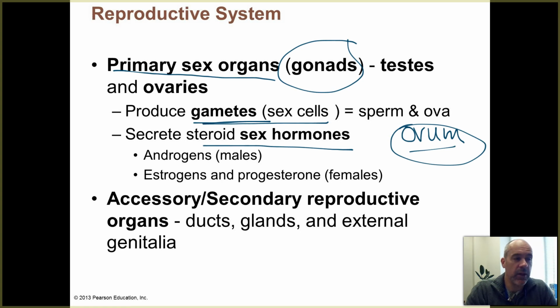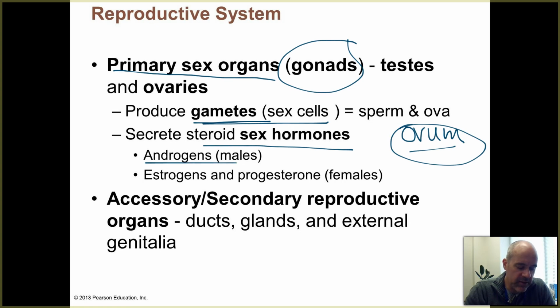And if you look at male sex hormones versus female sex hormones, chemically they're very, very similar, just very slight differences between them. But those slight differences result in major differences in the male and the female body, and they lead to the male and female sex characteristics that we associate with the two genders.